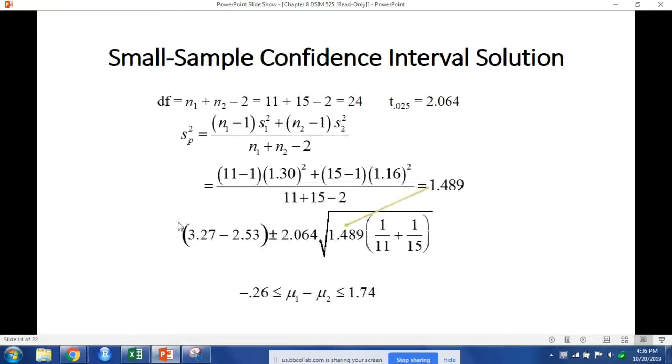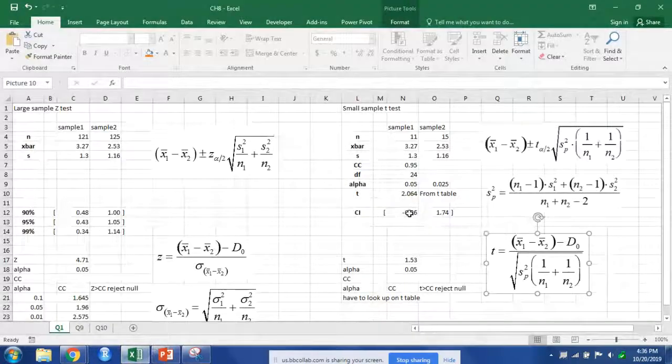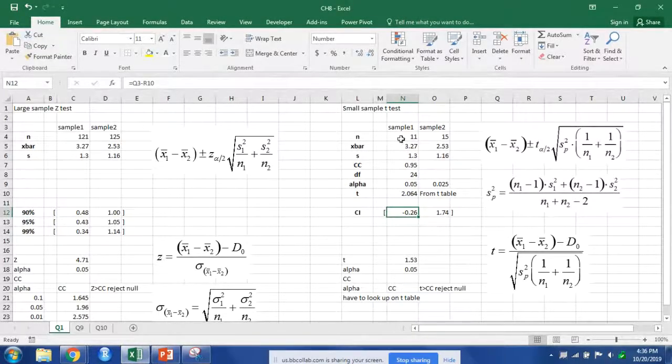So calculate that out here. I've set that to calculate the same way. You put in your values, and it will calculate it out. You need these degrees of freedom to get your t alpha over 2.